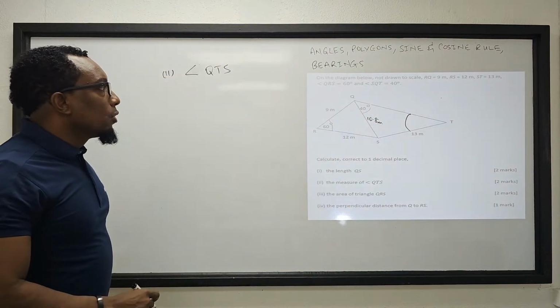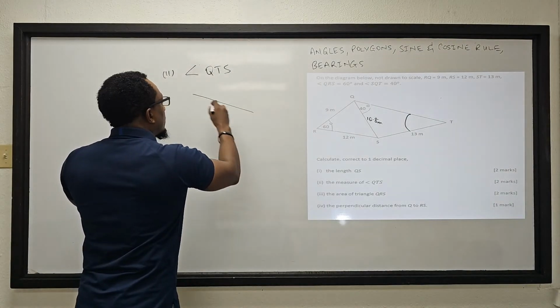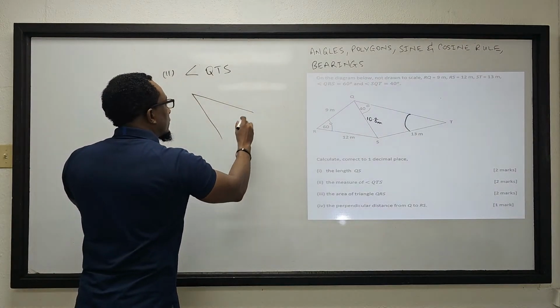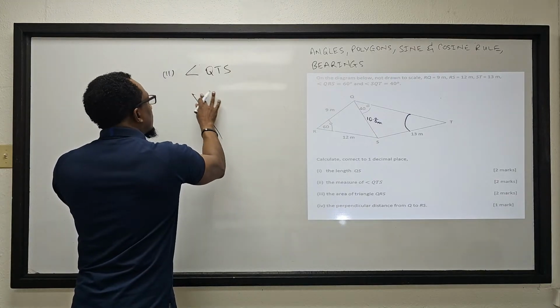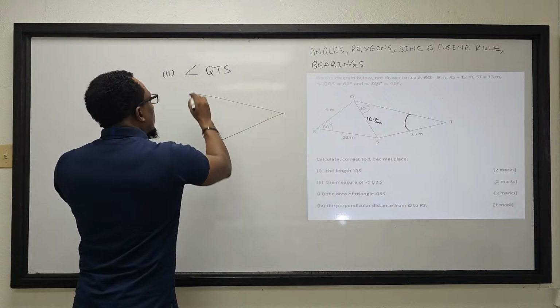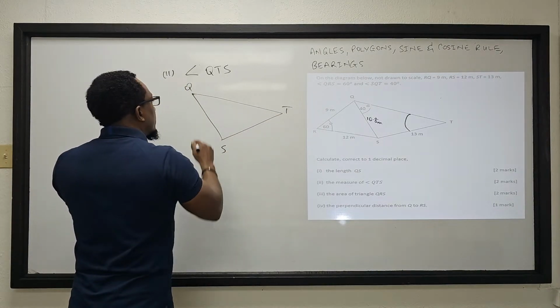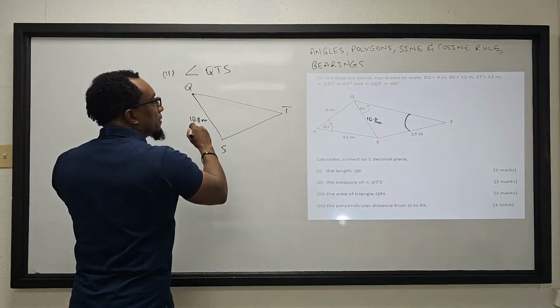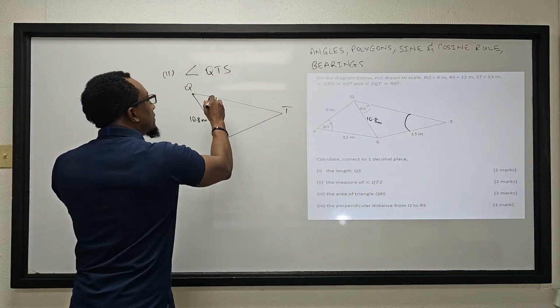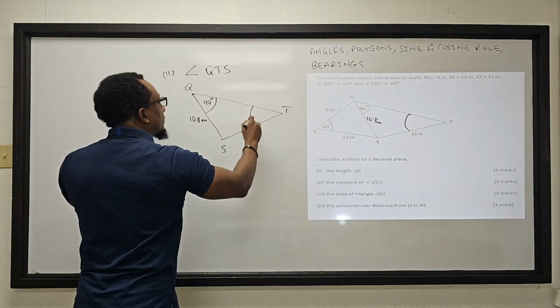Let me pull out the triangle. This is Q, T, S. This is 10.8 meters, this is 40 degrees, and this is 13 meters. You want to find this angle.